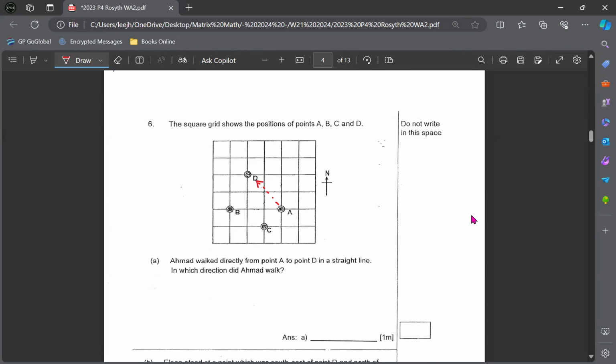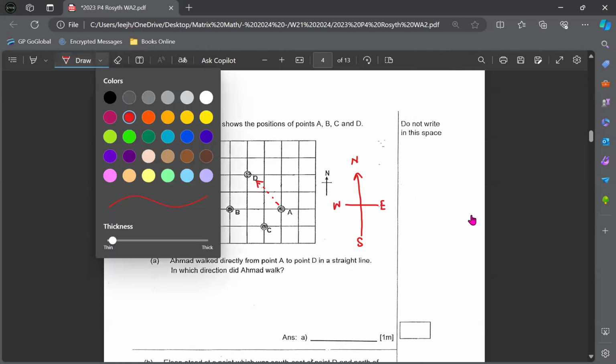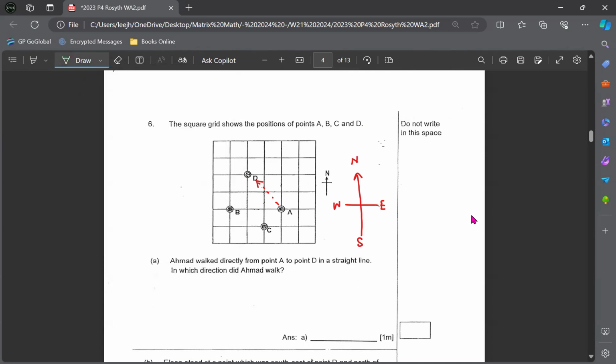this way. So on your 8-point compass, right? If you don't know, you draw. This is north, south, east, west. So obviously you have another 4 more points, right? Because we did 8-point compass. So this over here will be northwest. This will be northeast.